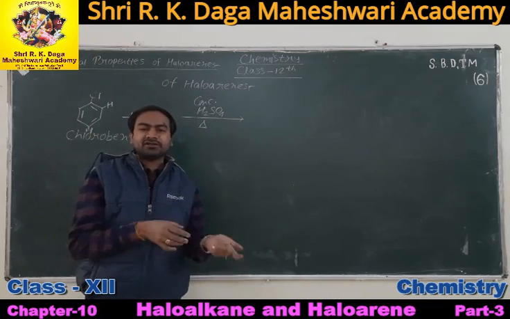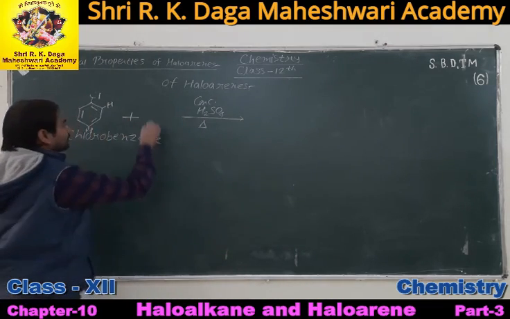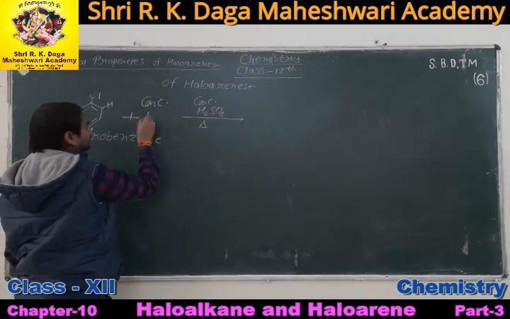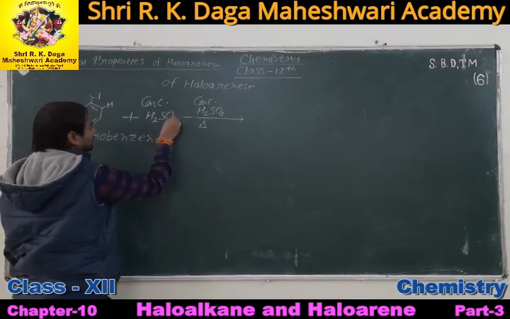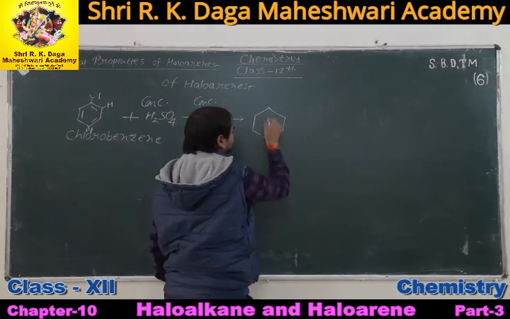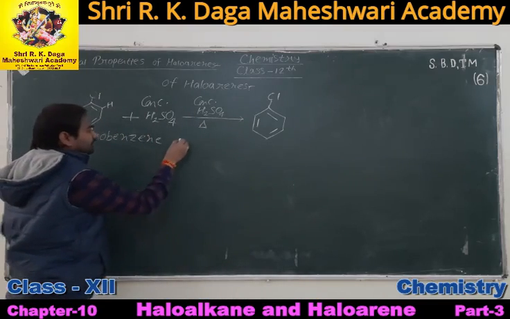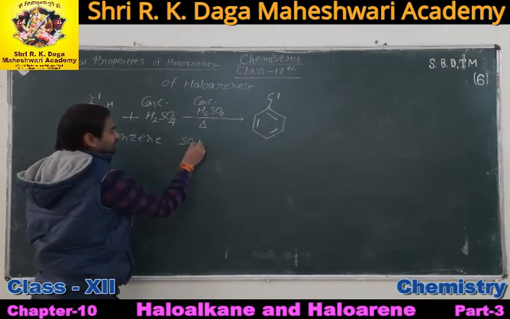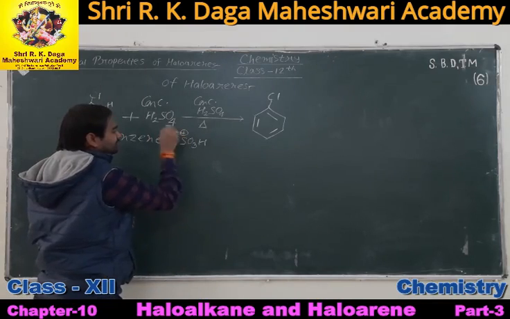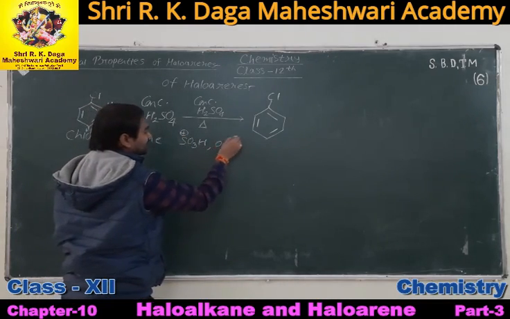One is the OH negative ion and the second is the SO3H positive ion. First is the SO3H positive ion, and the second is the OH negative ion.